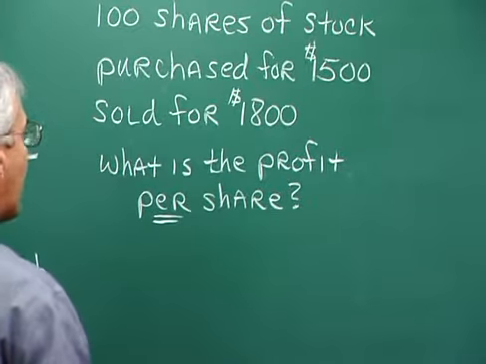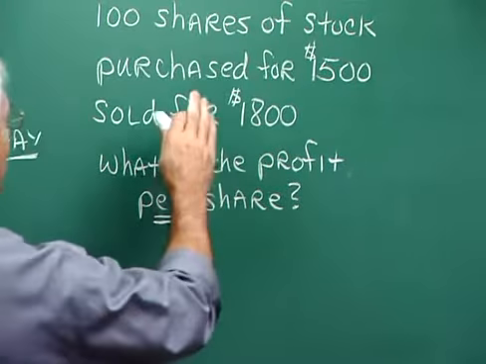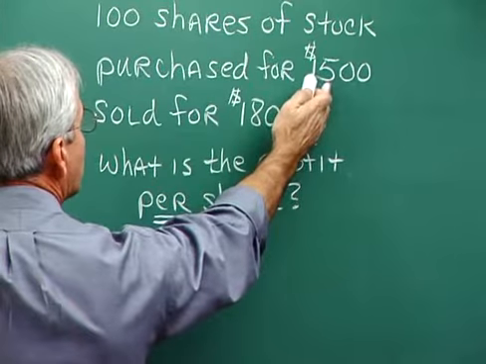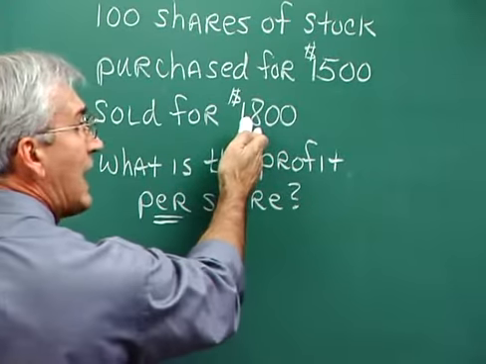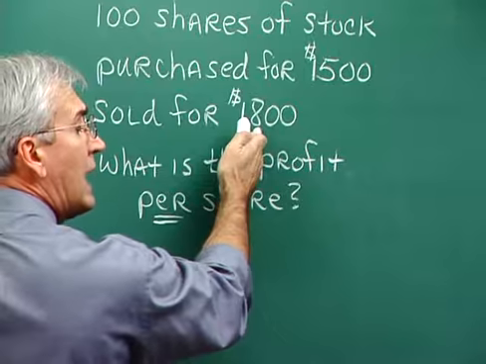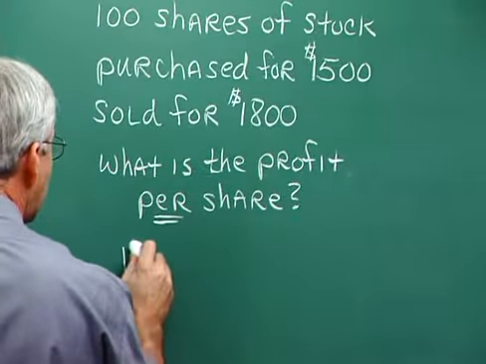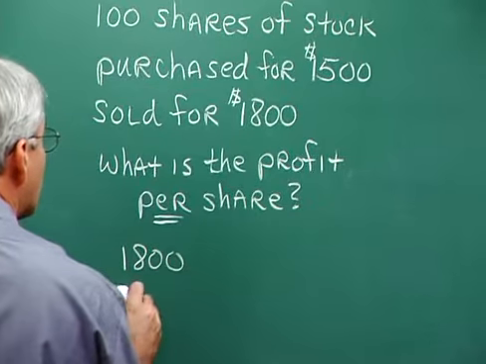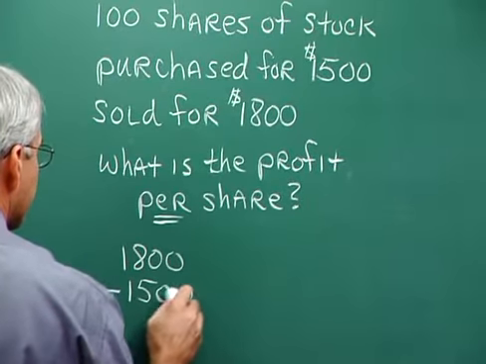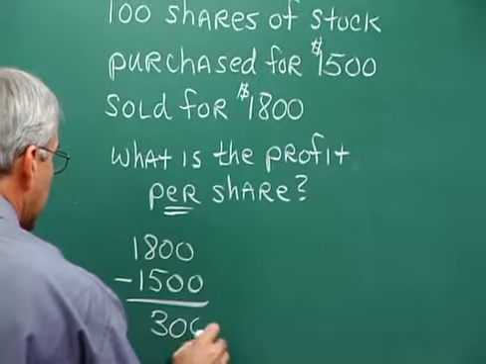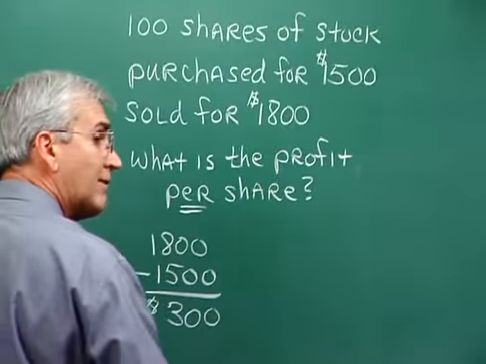Let's calculate the profit. The purchase price was $1,500, the sale price was $1,800, and the difference between those two would be the profit. So we take the $1,800, we subtract $1,500, that's $300, and that's the amount of the profit.